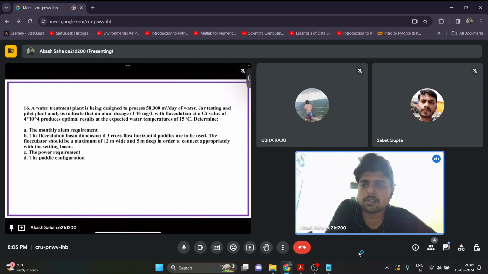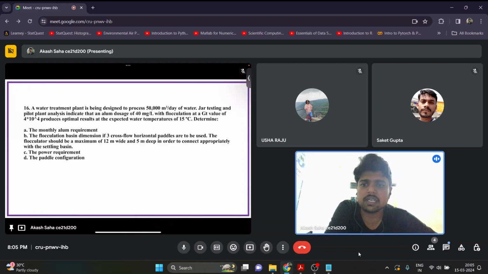So it produces optimal results at an expected water temperature of 15 degrees Celsius. So the temperature is also given. So determine the monthly alum requirement. Now the flocculation basin dimension, if 3 cross flow horizontal paddles are used. So we have to also design the flocculation basin.